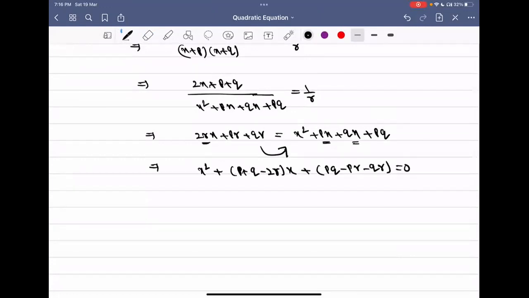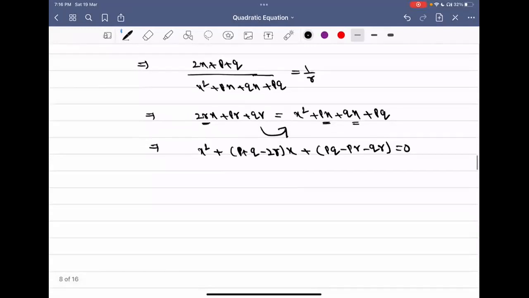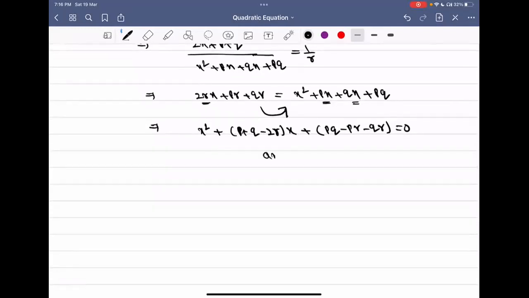So it's a quadratic equation. If you compare this with ax square plus bx plus c equal to 0, here a is equal to 1, that is the leading coefficient, and b is equal to p plus q minus 2r, and the constant c is equal to pq minus pr minus qr.